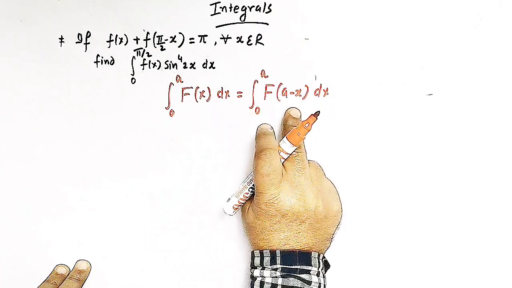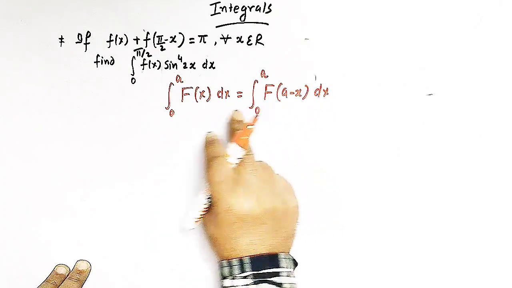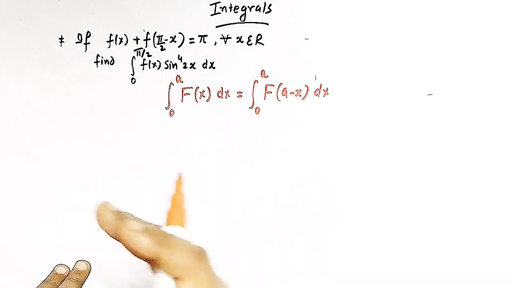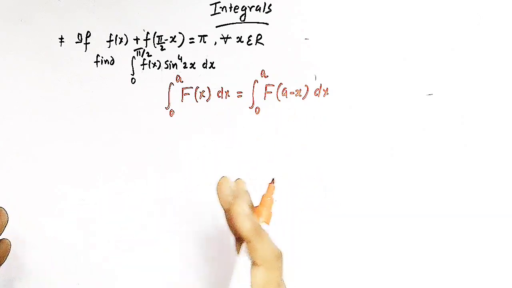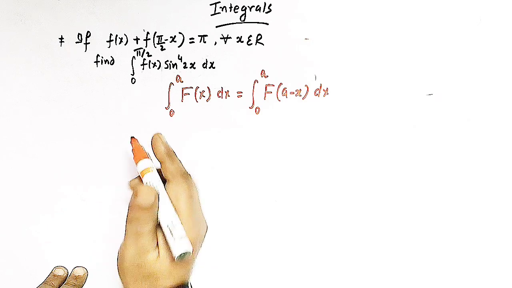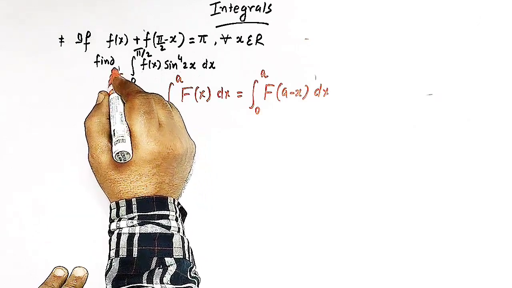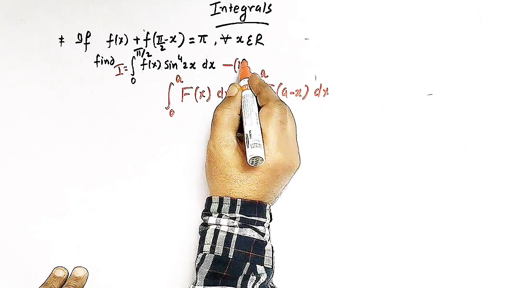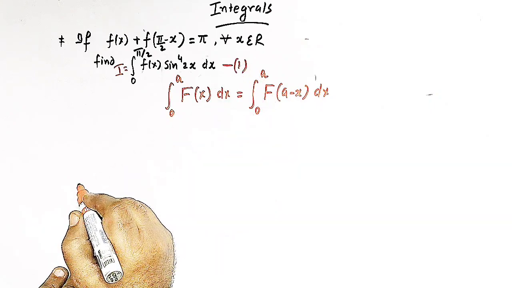So this property of definite integrals is an important property, and it is used to solve a lot of definite integrals, right? So here let us first take this integral as I, and we'll take this equation as equation number 1, right?